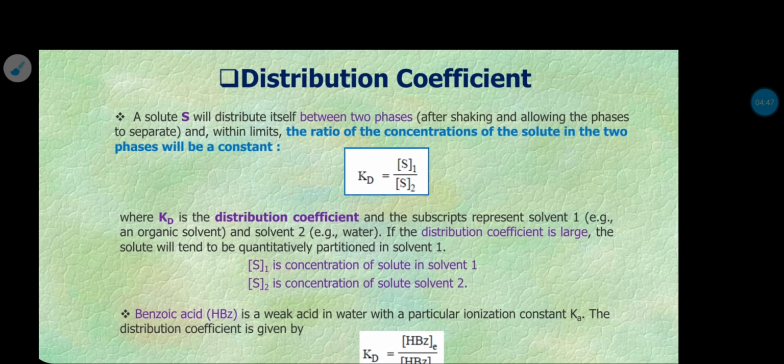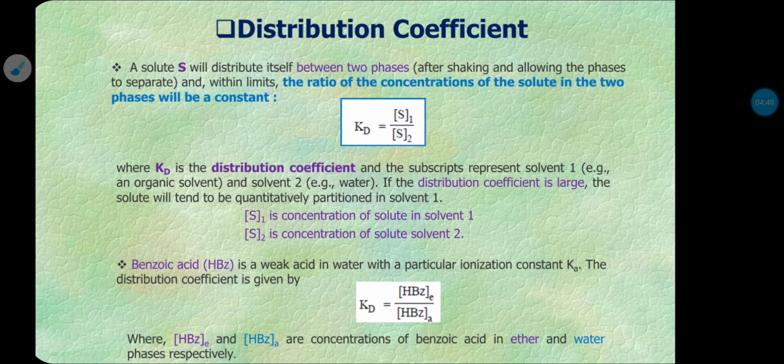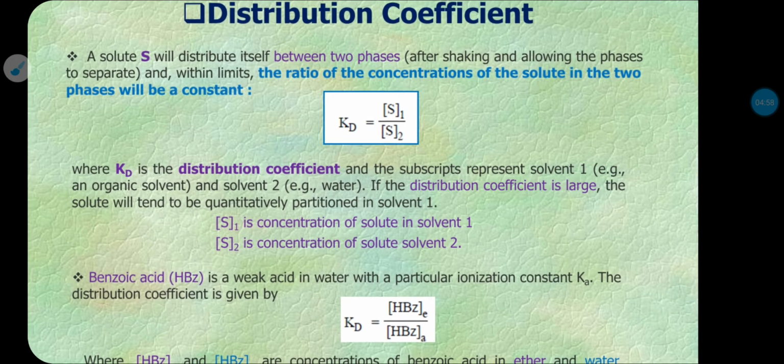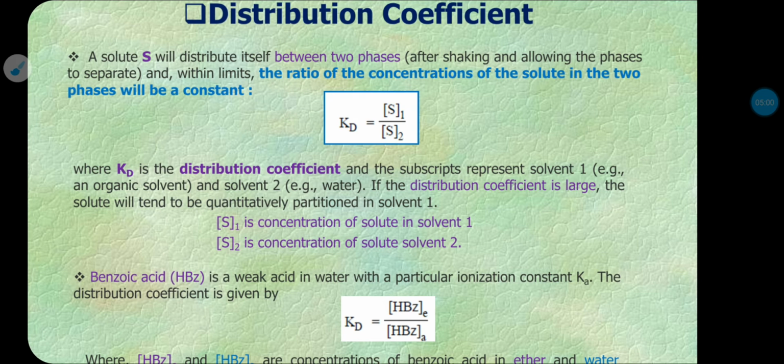So first terminology, that is distribution coefficient. This basic terminology we should understand first, then we will be able to understand the solvent extraction technique. Distribution coefficient means a simple distribution of solute between the solvents.